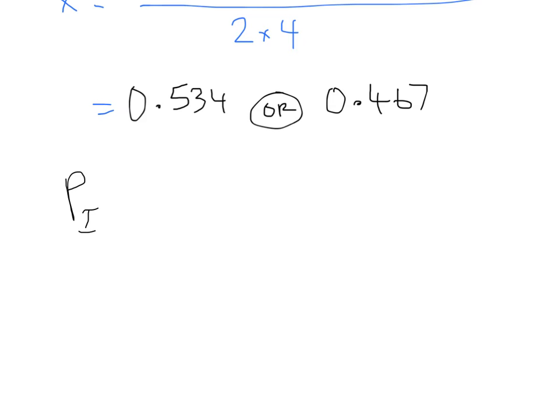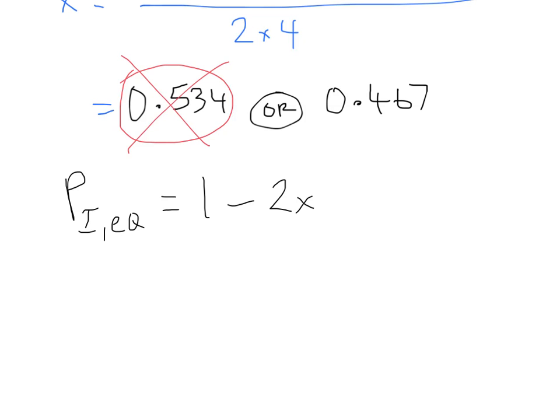And let's have a look back at the bottom line of our ICE chart. We know that the partial pressure of iodine atoms at equilibrium was equal to 1 minus 2x. And we can see that if we pick this for our value of x, when we double it, it'll give us something like 1.068. And if we subtract that away from 1, we'll get a negative pressure.